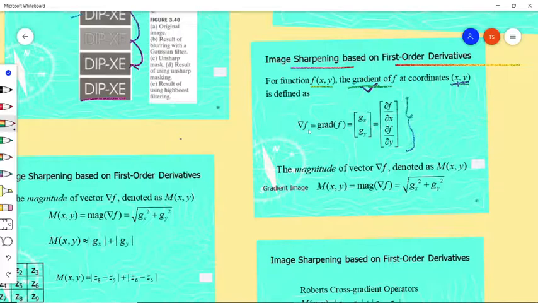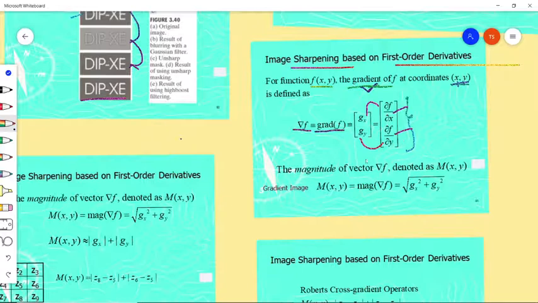So delta f means the gradient of f. This is the representation of the gradient of f: gx, gy equals the first order derivatives, dou f by dou x and dou f by dou y. This is with respect to the x coordinate, this is with respect to the y coordinate. Very simple.